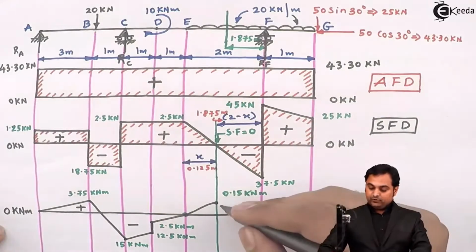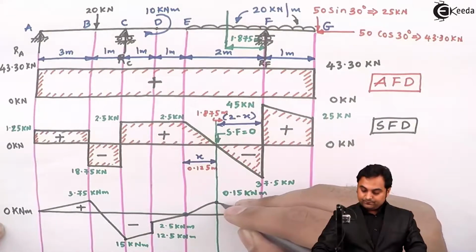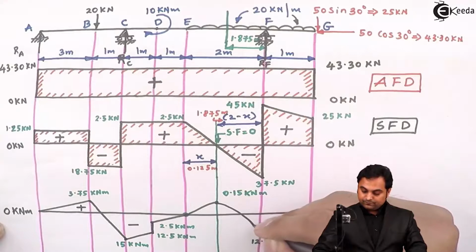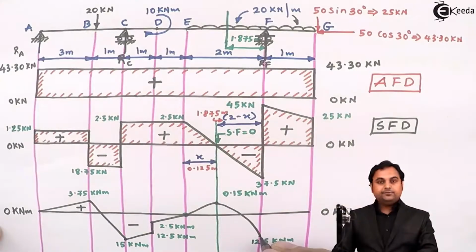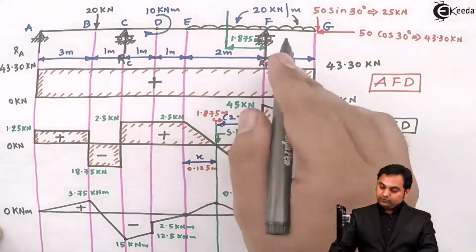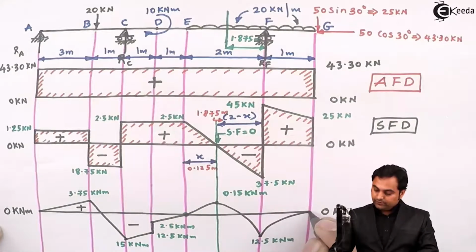Then this parabola will go into negative region, go on decreasing and reach up till minus 12.5 kilonewton meter. Then from F to G there is UDL, so again from minus 12.5 it will go up to 0 kilonewton meter, and I am drawing the parabola in this region in this way because it should show maximum value at 12.5.